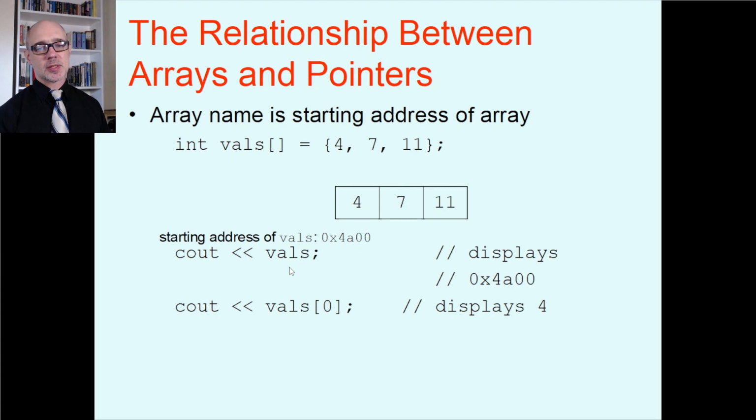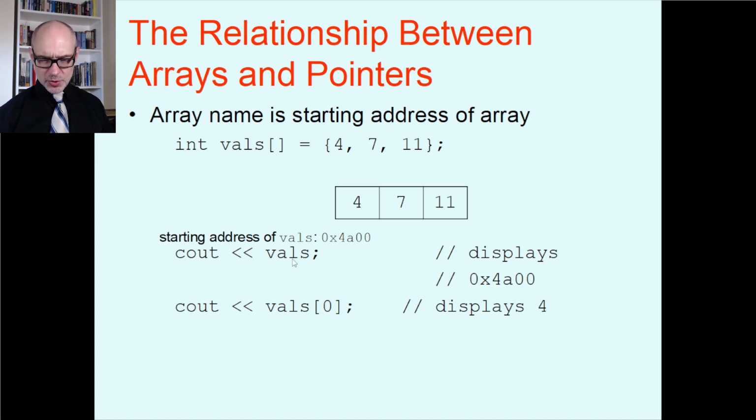Hypothetically, let's say it starts at address location 4A00, that's in hexadecimal, of course. You would see the 0x4A00 when you printed this out, right? The naked name of the array is actually holding the address of where it starts. Now, when you stick on the square brackets, of course, and you write vals[0], then you would see the 4. You'd see the contents of the first integer in the array.